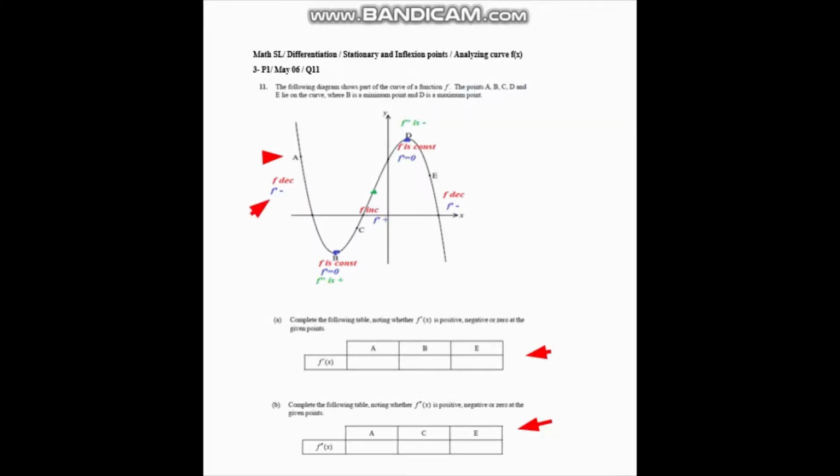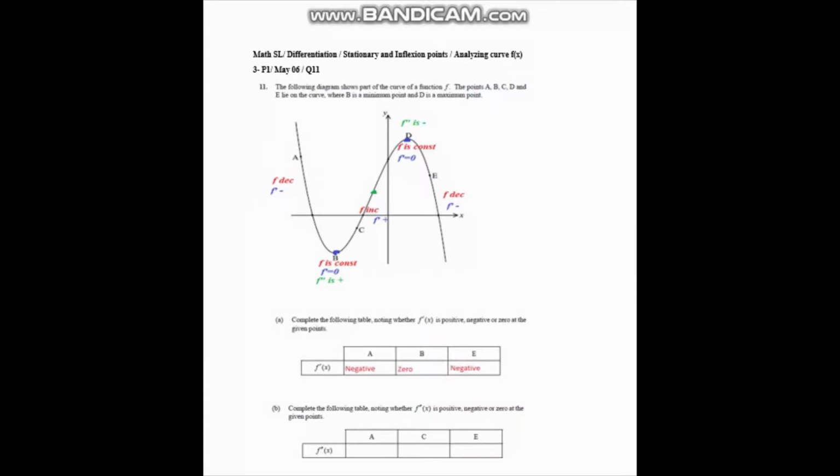Obviously negative. And at B, f dash is 0. And at E, f dash is negative, right there. So these are the answers to question A right there in the table in front of you.